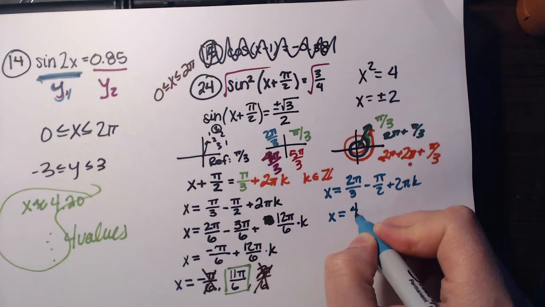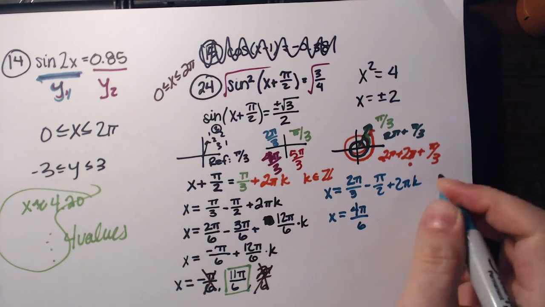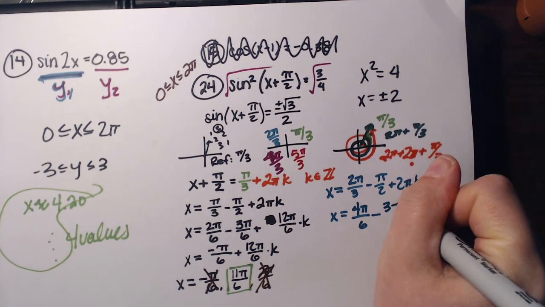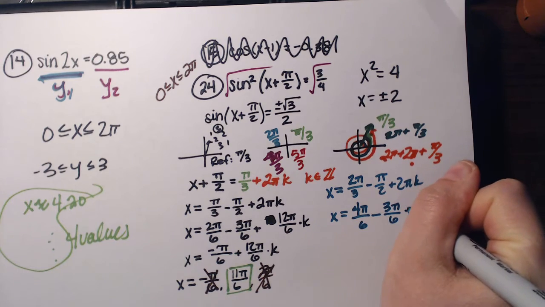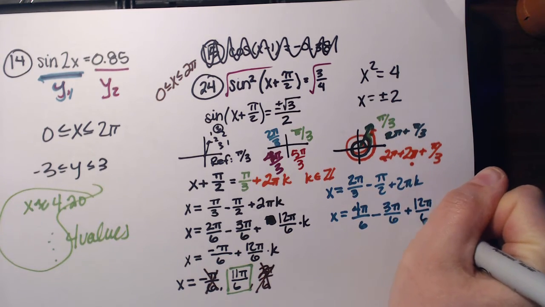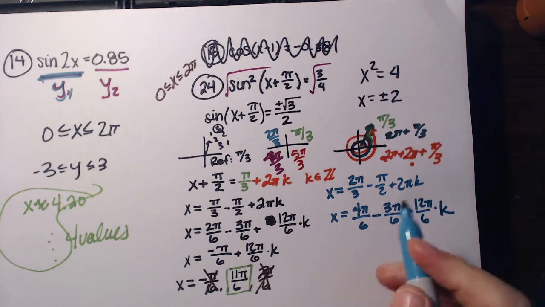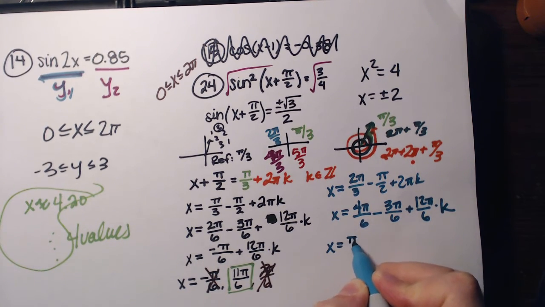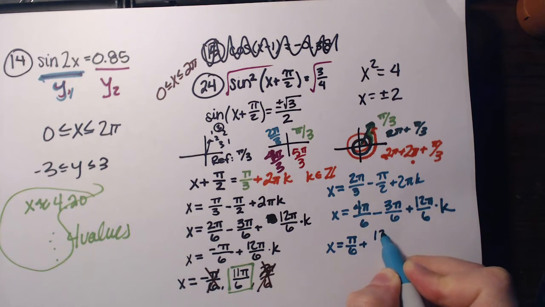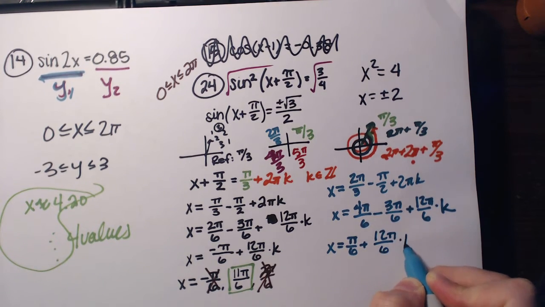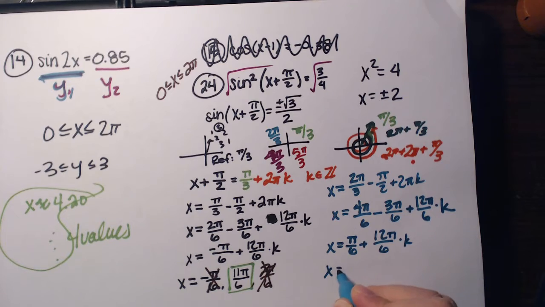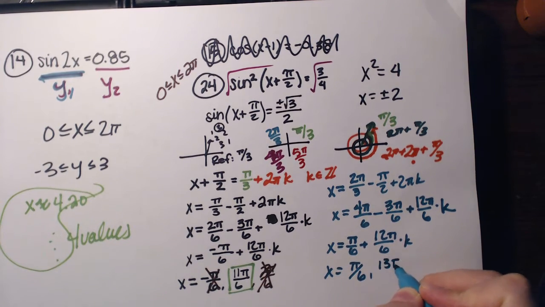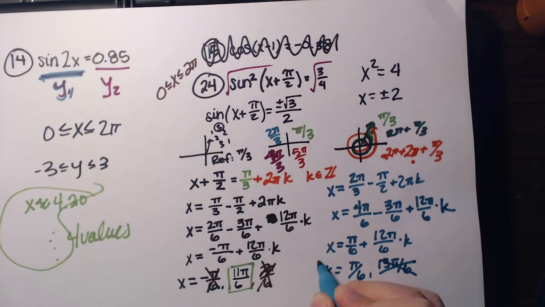So multiply by 2. And so I get pi sixths plus 12 pi sixths times k. So I get pi sixths, and then 13 pi sixths. Well, that's too big, so that's my only answer from there.